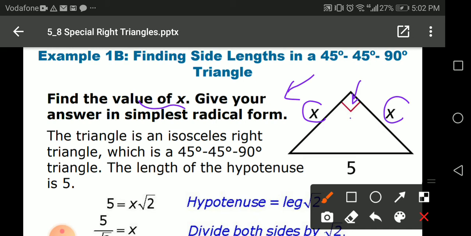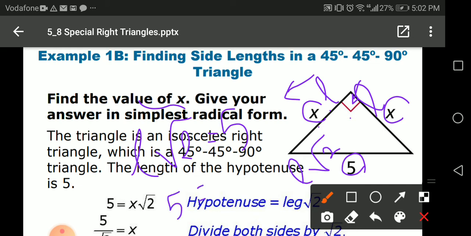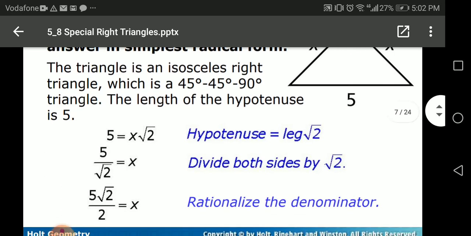So the length of the hypotenuse is L square root 2. L square root 2 equals 5, where L here is x.